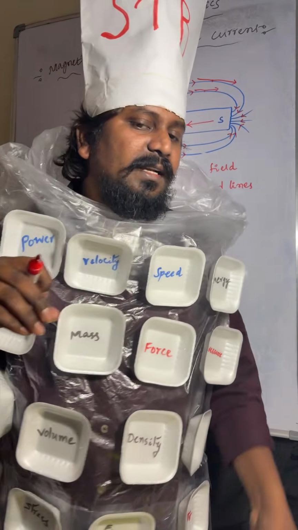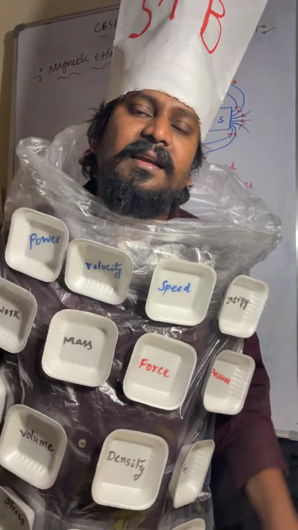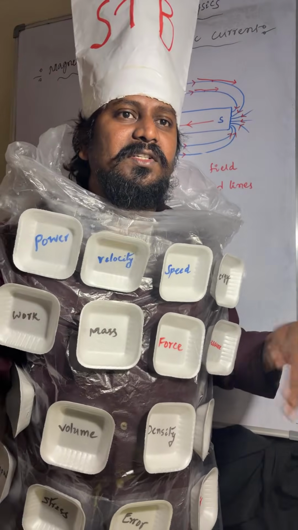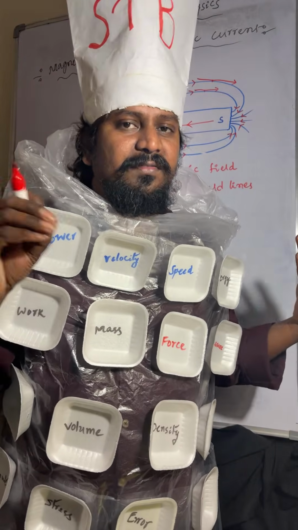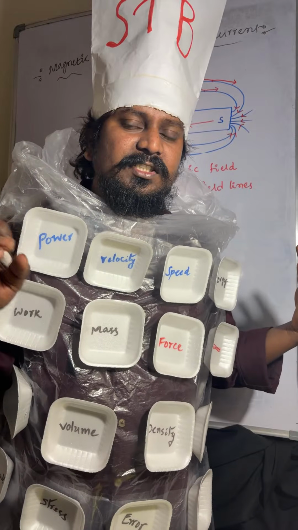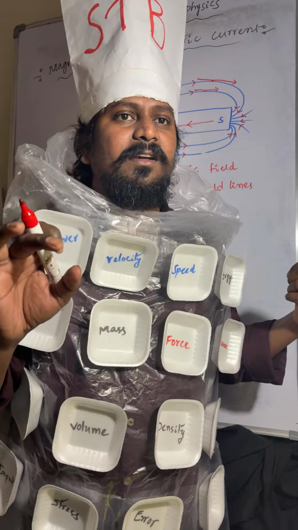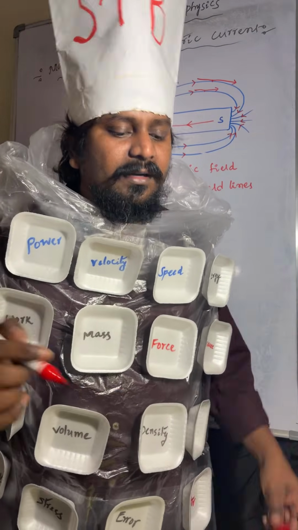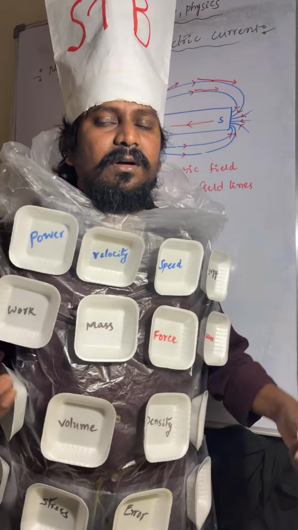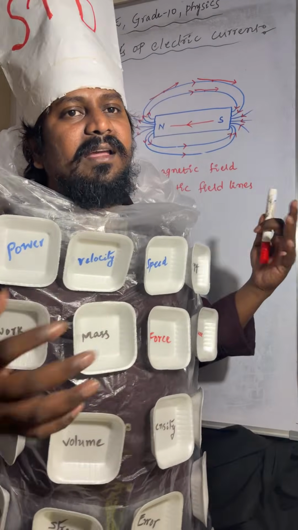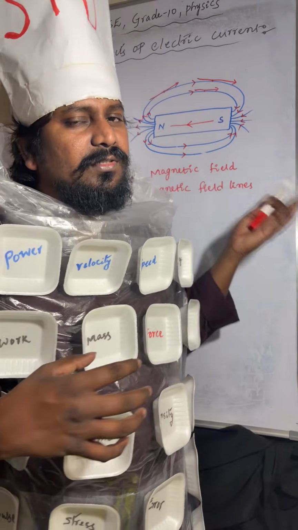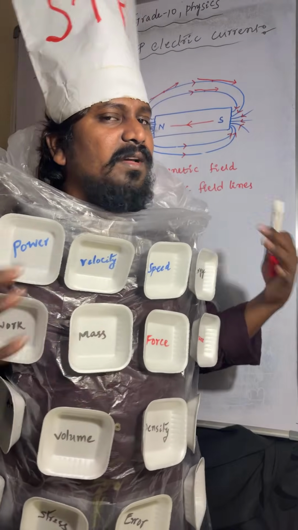If you draw the tangent, automatically along that direction the magnetic field will be there at that particular point. So overall we know that around the magnet, the magnetic field will be north to south outside and south to north inside.